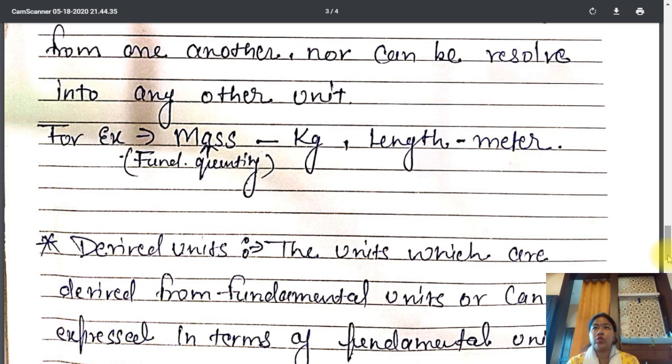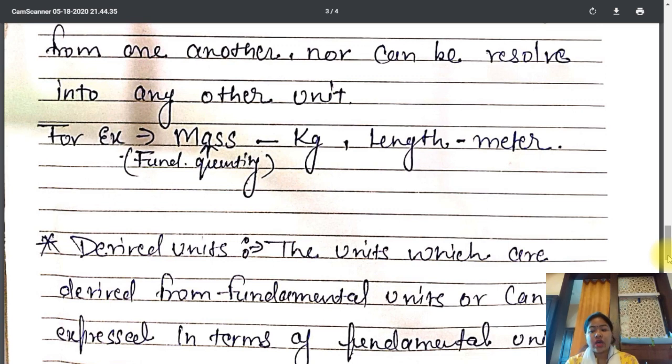If we want to calculate the speed of an object, what do we need? We need two quantities: one is the distance and one is the time.